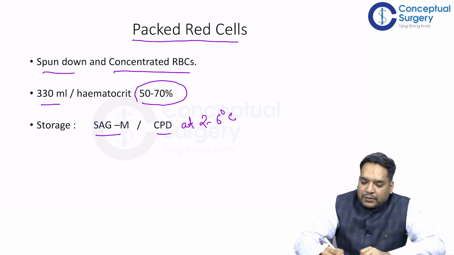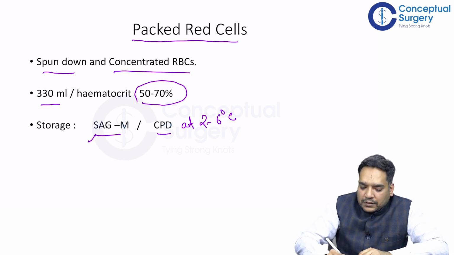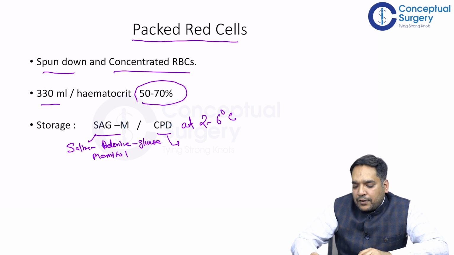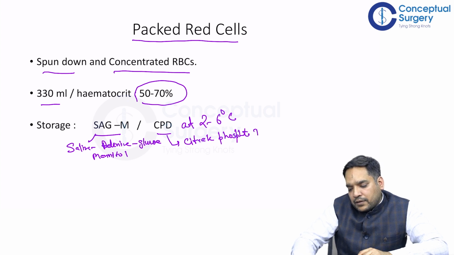SAGM stands for saline, adenine, glucose, mannitol, and CPD stands for citrate, phosphate and dextrose, right?